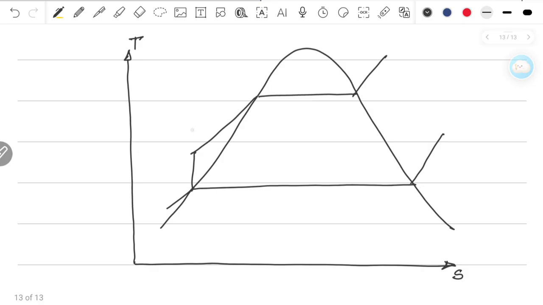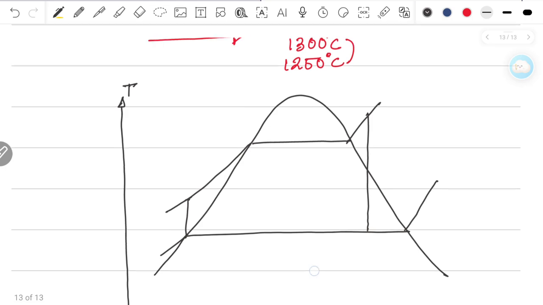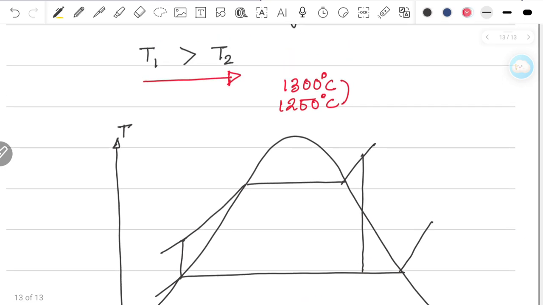Now if I view it from the boiler side, then the water converts into saturated liquid, then that converts into saturated vapor, and finally superheated vapor.